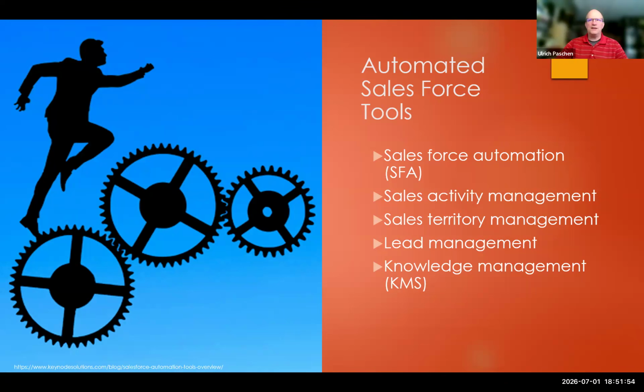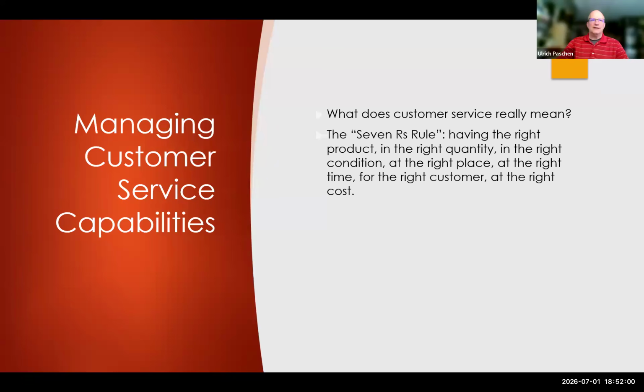So, how then do we manage our customer service capabilities? The first thing is, when we're talking about customer service, it's really pretty basic. The 7 R's rule: having the right product in the right quantity, in the right condition, at the right place, at the right time, for the right customer, at the right cost.